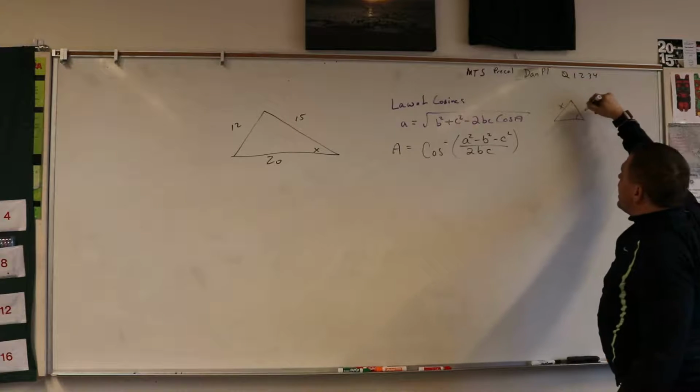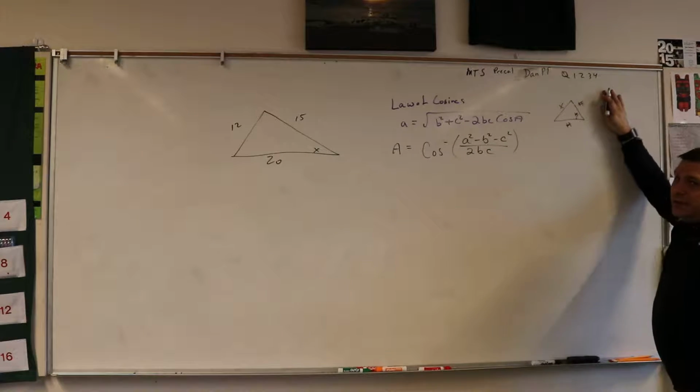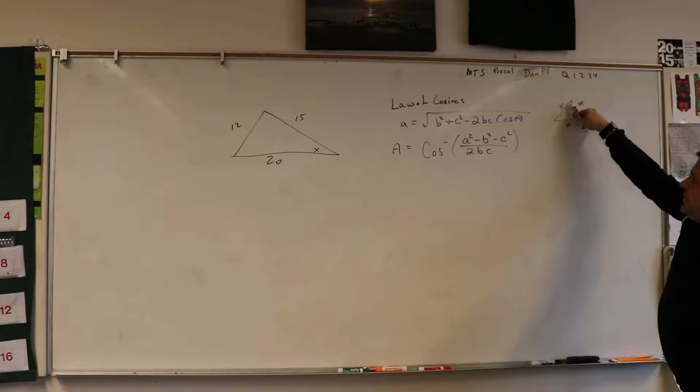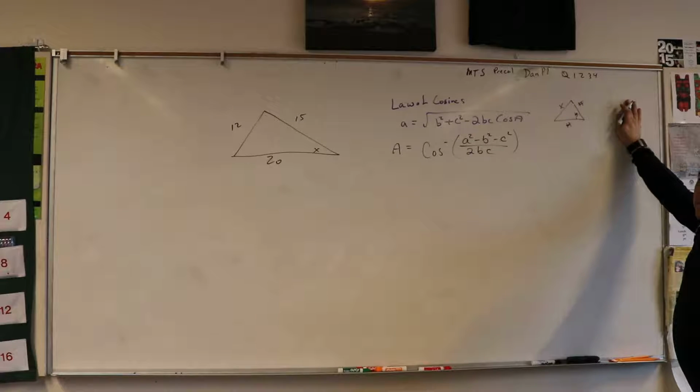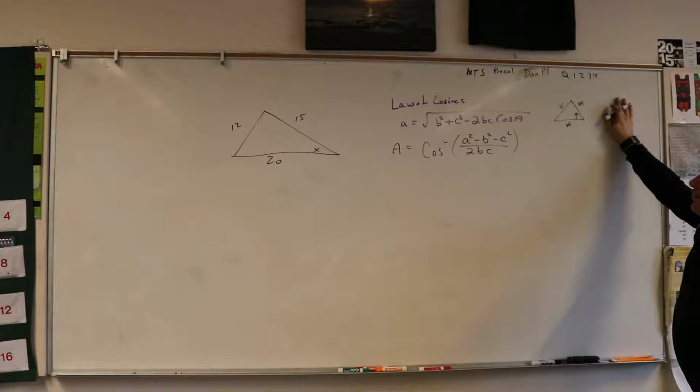You only have a number here and a number here and a number for the angle. So you have all these, but you don't have these angles. Then you're going to have to use the law of cosines.